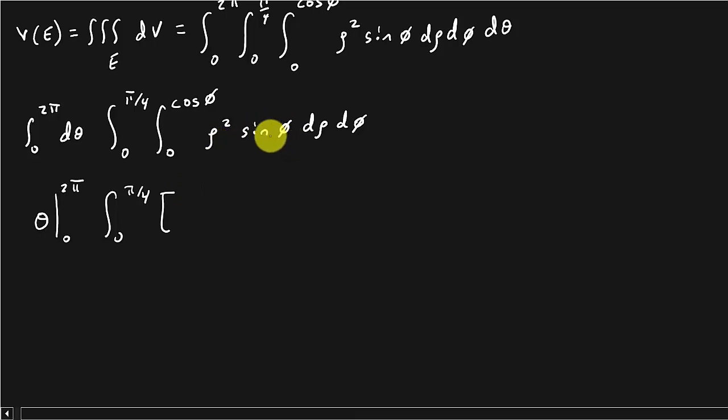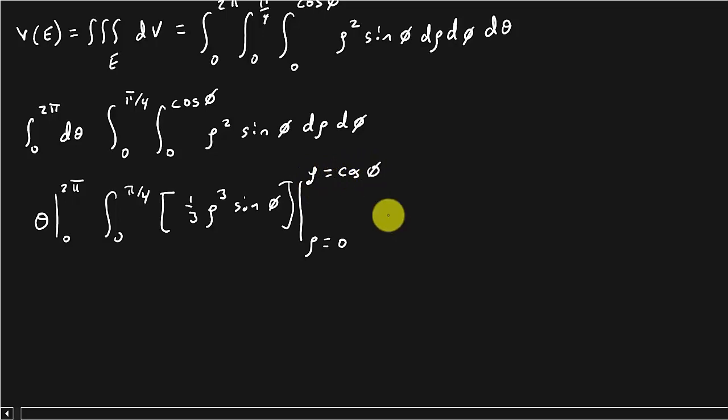Sine phi is like a constant, so the integral of rho squared is 1/3 rho cubed times sine phi, from rho equals 0 to rho equals cosine phi, d phi.